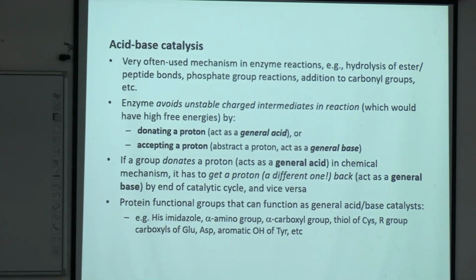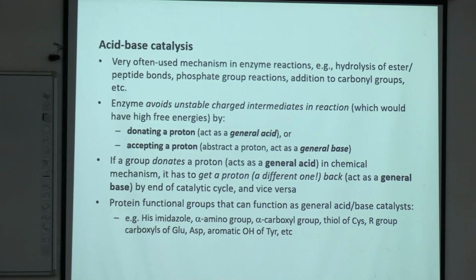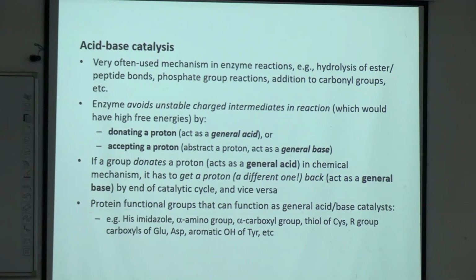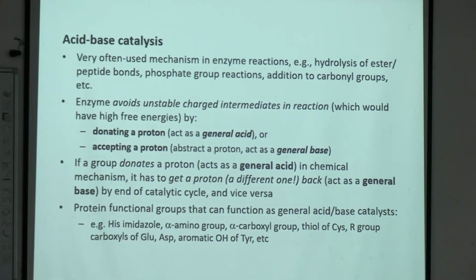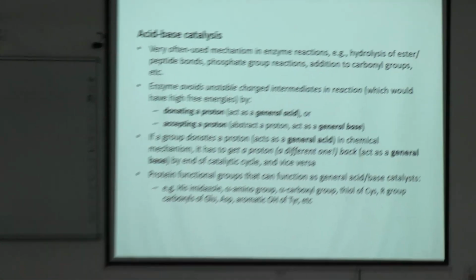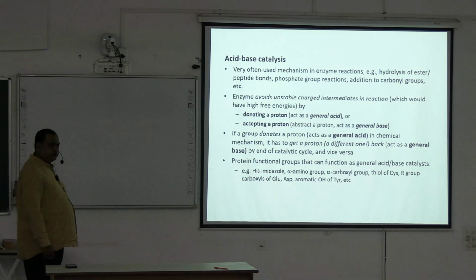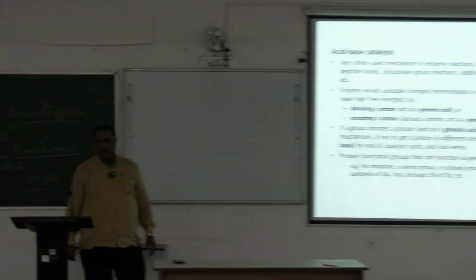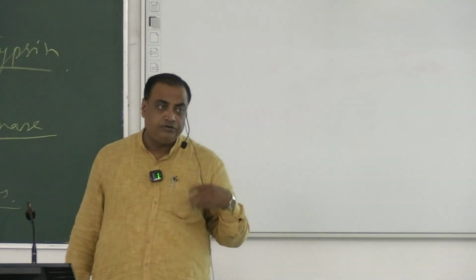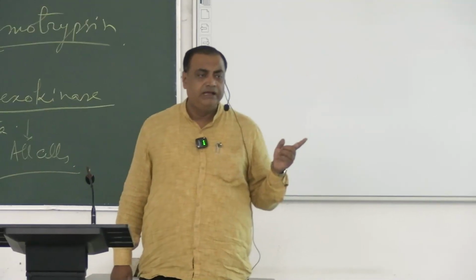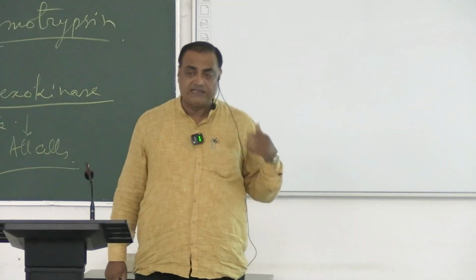If they function together, then we call it acid-base catalysis. Example, you can say the histidine imidazole. The imidazole ring of histidine has an extra hydrogen ion, so it can donate it and function as a base, sorry, acid, right? Like this.